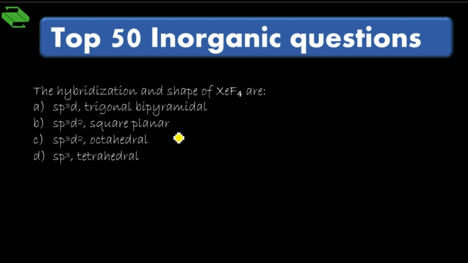Then hybridization and shape of XeF4. These are quick questions, you can answer them very quickly. Hybridization of XeF4: Xe has 8 and then 4 into 7 which is 28, 28 plus 8 which is 36 divided by 8. 4 as a quotient plus 4 as a remainder, 4 by 2 which is 2.